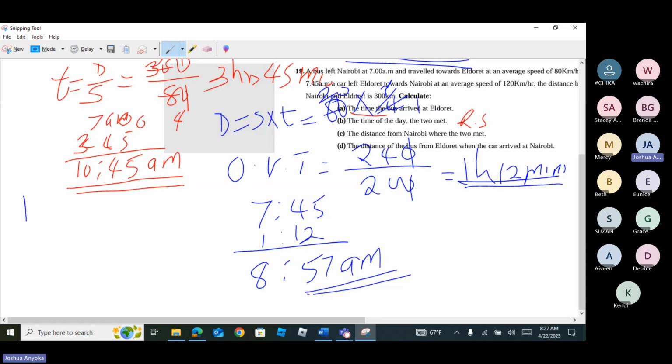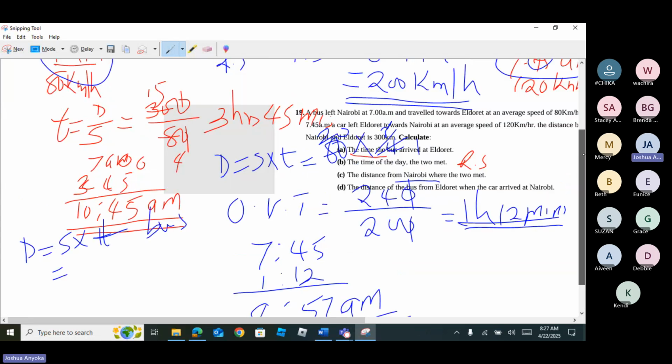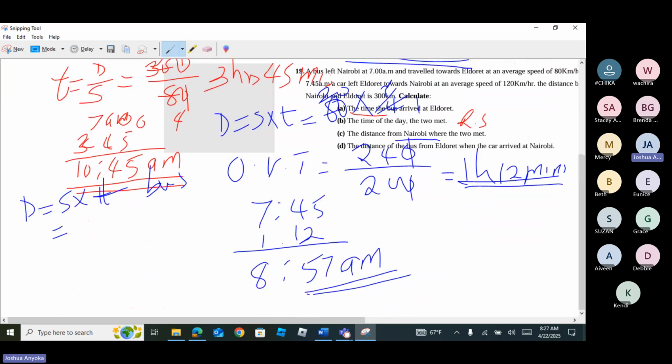Distance is equal to speed times time. Let us decide which to use. We are asked the distance from Nairobi, and which vehicle is moving from Nairobi? We can approach the question whichever way, but I'm advocating the one that will give us the answer kind of straight. The vehicle moving from Nairobi is the bus. So the speed of the bus is 80.